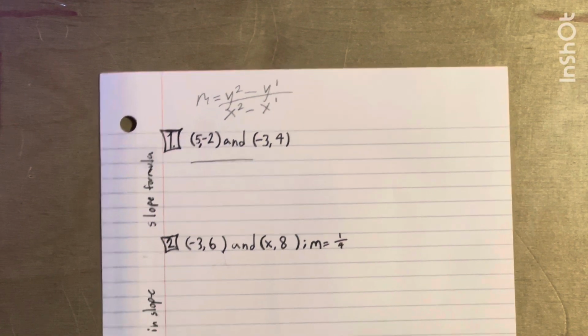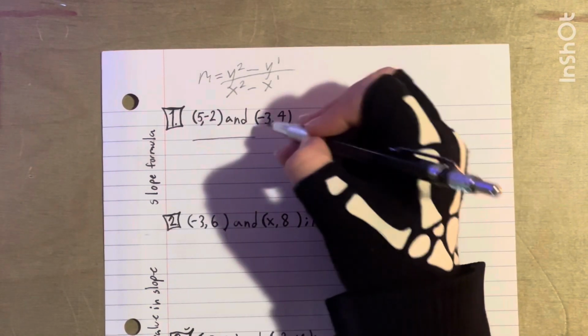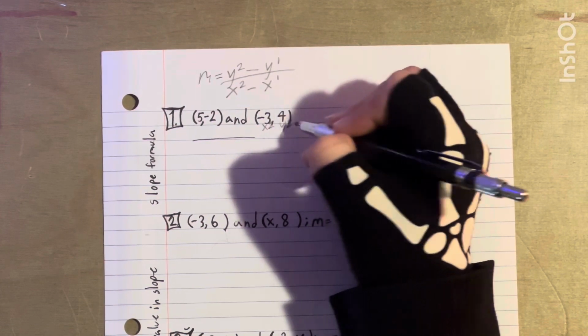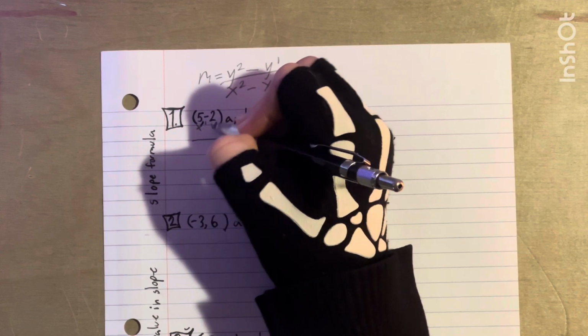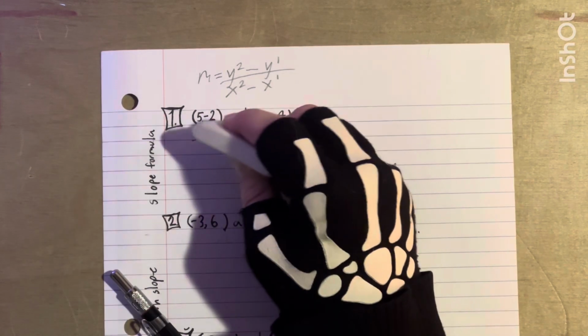Once you have that figured out, then you need to write that here. So here's x2, y2, x1, y1.